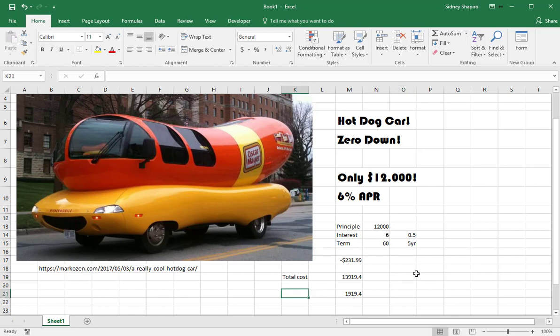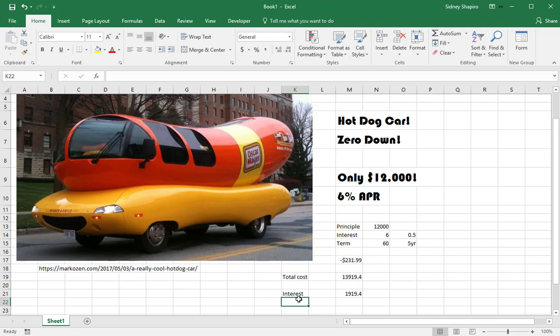And I said, let's try to figure out what that cost is. Okay, and I took the $13,919.40 and deducted $12,000, and the balance was $1,919.40, and that was the interest cost that I'm going to pay over the 5 years.